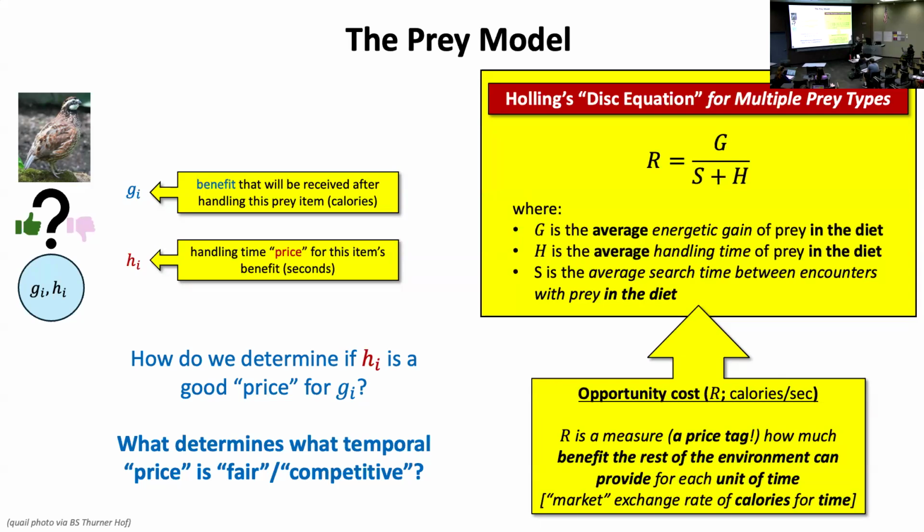I'm just looking for a number, a threshold. What should I compare these terms to in a model to figure out if I should eat this prey or go back to search? Yeah, on the right. Oh, what do you mean by the energy it takes to do it?